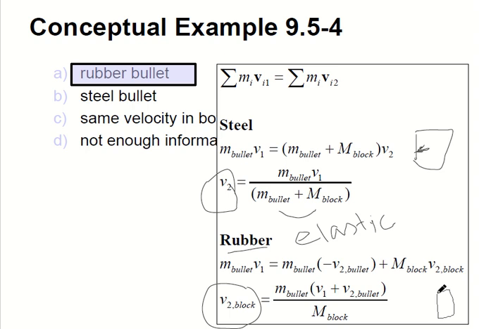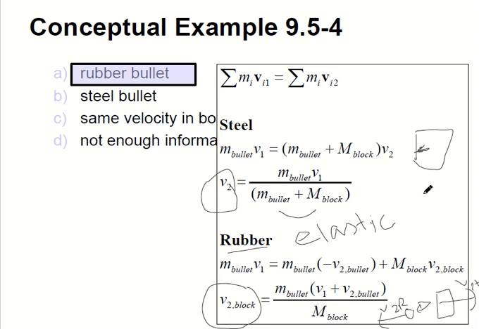Here, the block has its own velocity and the rubber bullet has its own distinct final velocity, because the material that made this bullet is rubber.